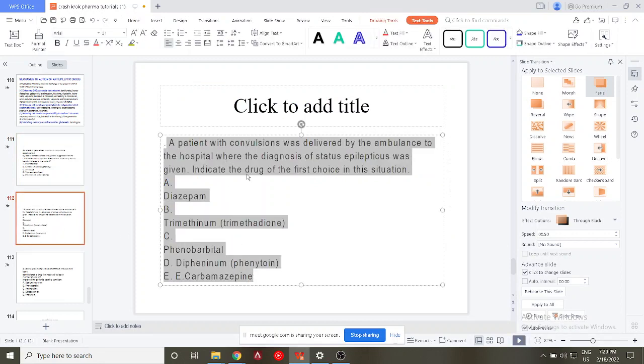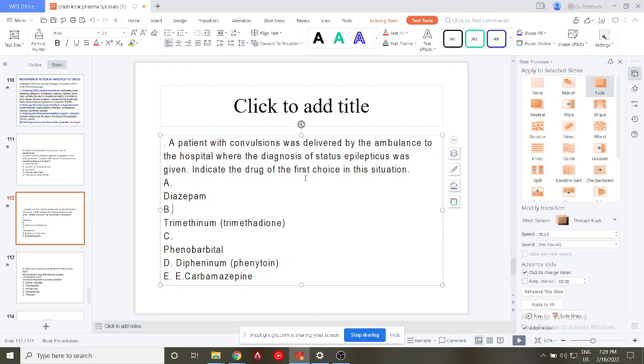Someone read an answer. Guys? Okay, a patient with convulsion was delivered by the ambulance to the hospital, where the diagnosis of status epilepticus was made. Indicate the drug of first choice: diazepam. Okay, why can't we give phenobarbital?